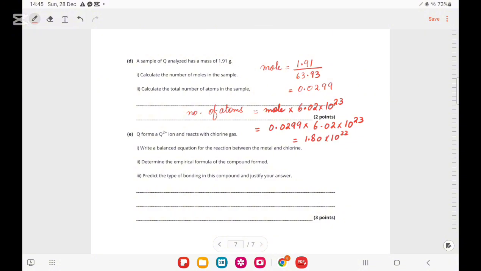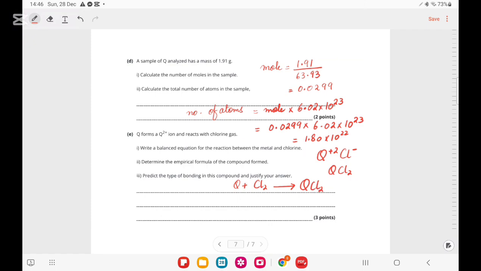Now we want to find, Q forms Q2+ ions and reacts with chlorine gas. So we have to write the balanced chemical equation. The equation is going to be Q plus Cl2, and we know Q has a 2+ charge, chlorine is from group 7 having a negative charge, so the formula becomes QCl2.